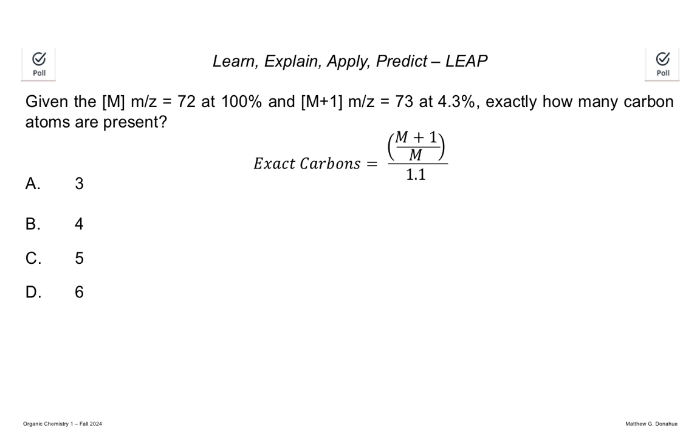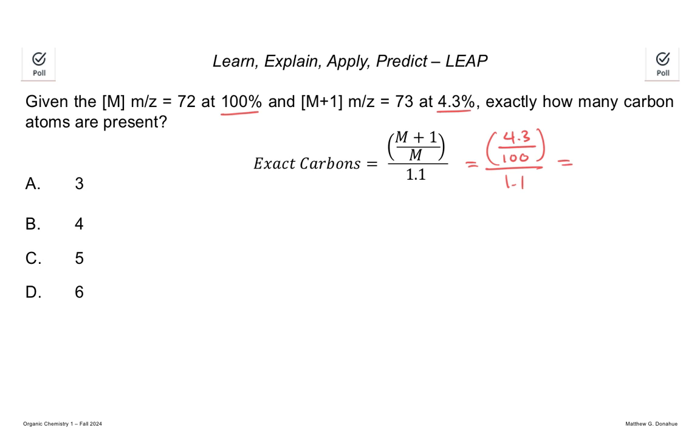So now using the 100% and 4.3%, we plug it into that equation. So again, because you see 4.3, you can eliminate choices C and D because the answer has to sort of hover around what that M plus 1% is.